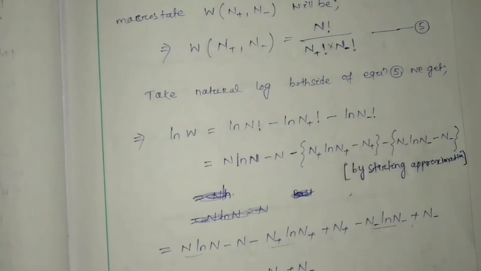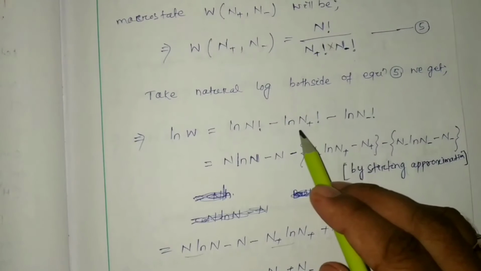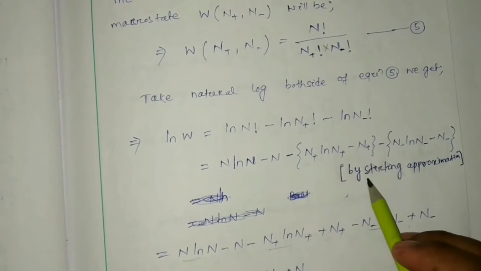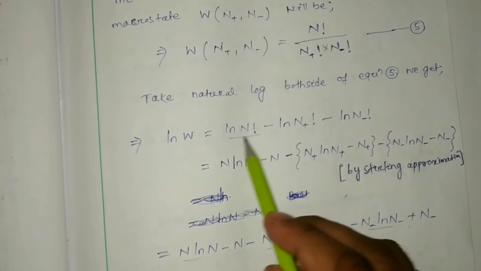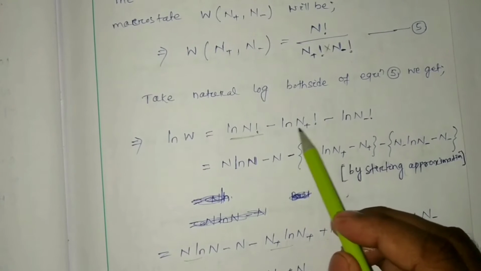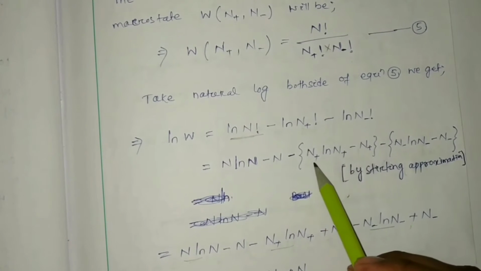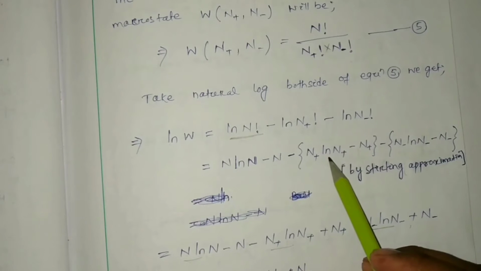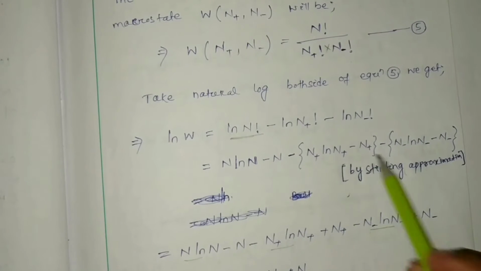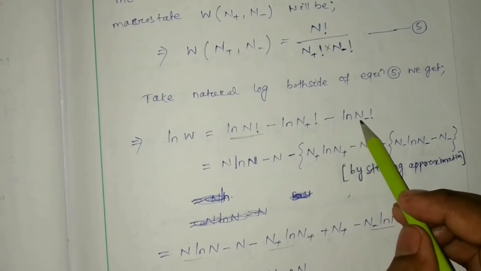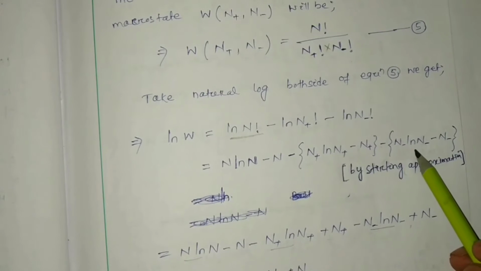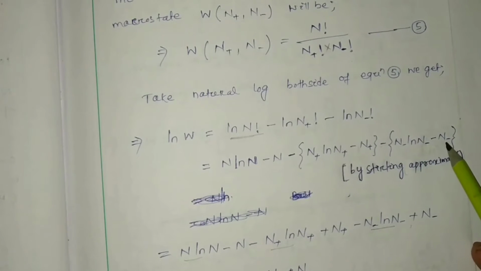So ln N factorial can be written as N ln N minus N. ln n plus factorial can be written as n plus ln n plus minus n plus. ln n minus factorial can be written as n minus ln n minus minus n minus.